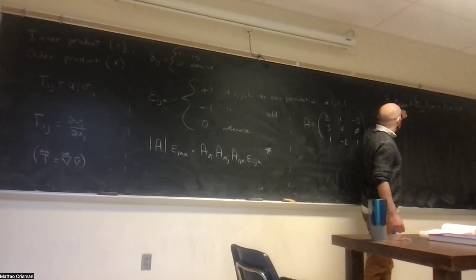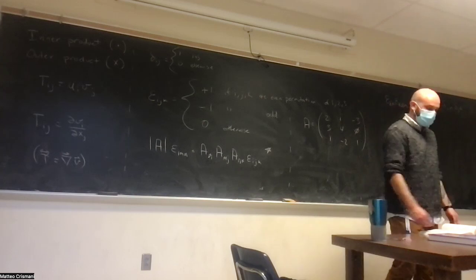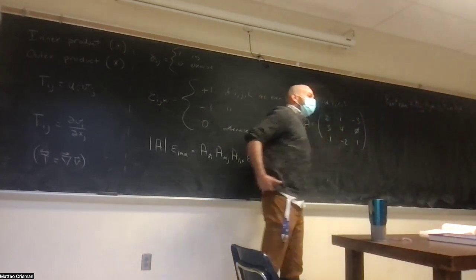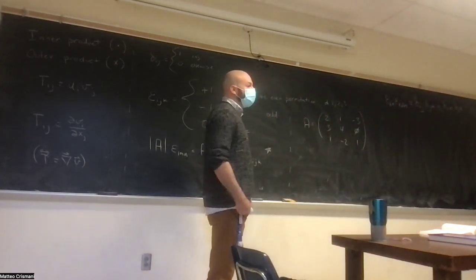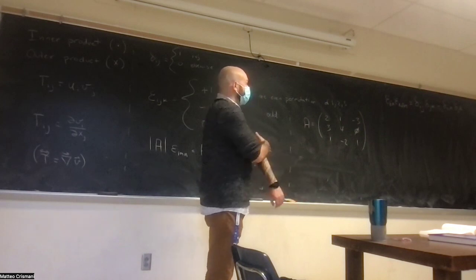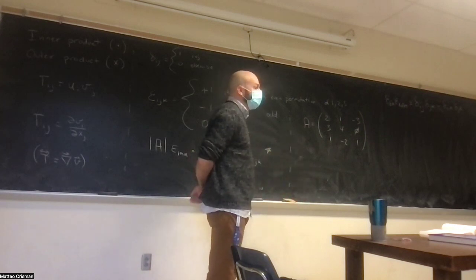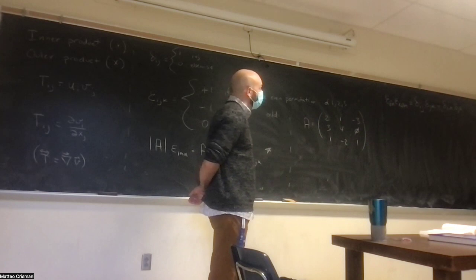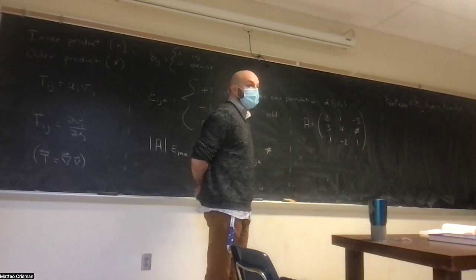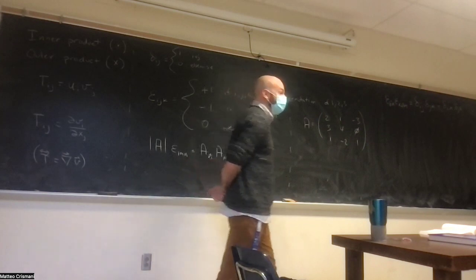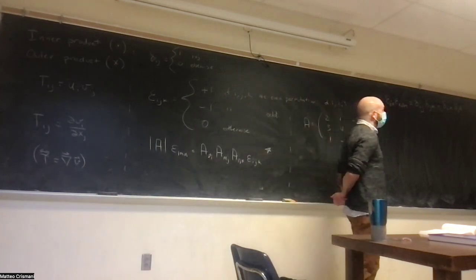Okay, but what does it say? It says IJK, KLM. So how many free indices do we have and how many dummy indices do we have? Three free and one dummy. Which one is it?